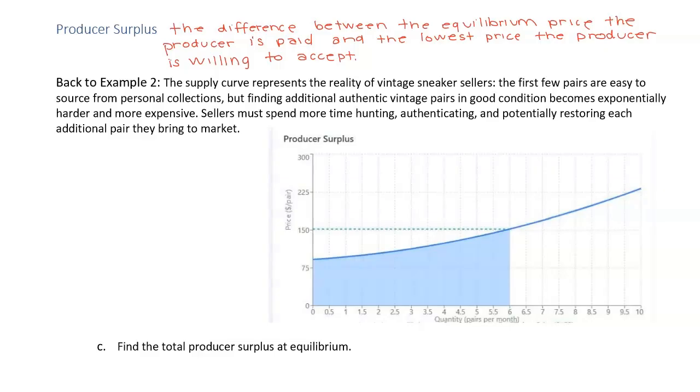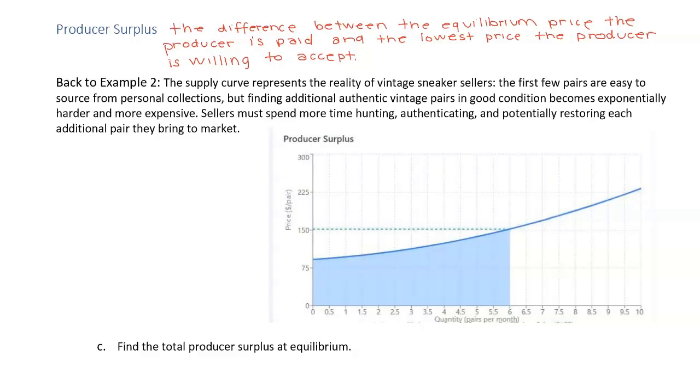Now, as a person who would sell vintage sneakers, it's easy to source from personal collections, but finding additional authentic pairs is going to be harder and harder. So that will play more into how much you're willing to accept for each pair.